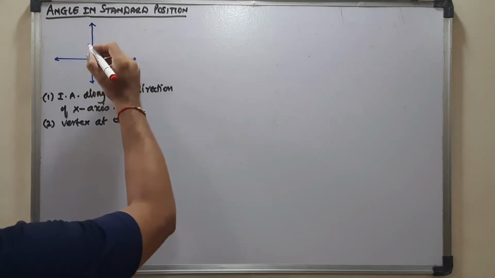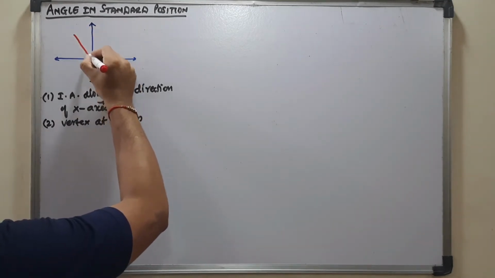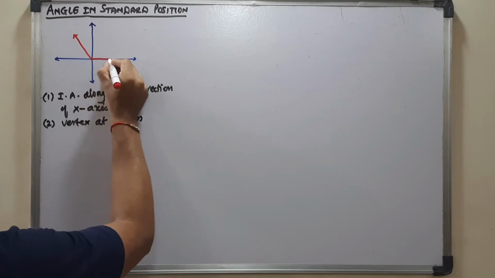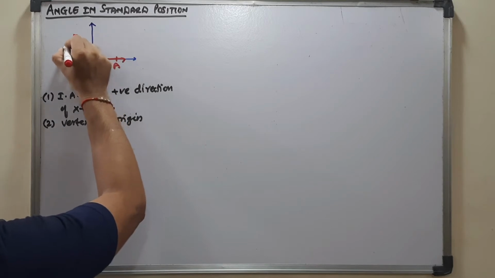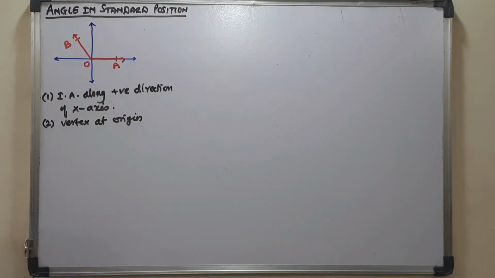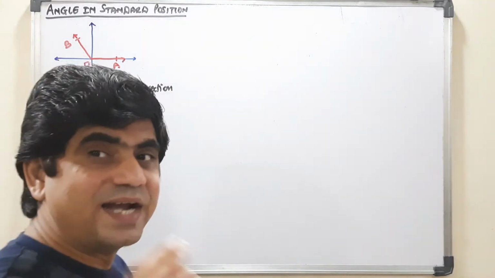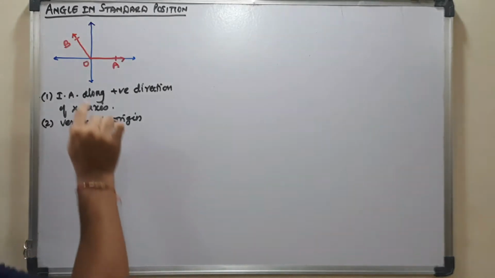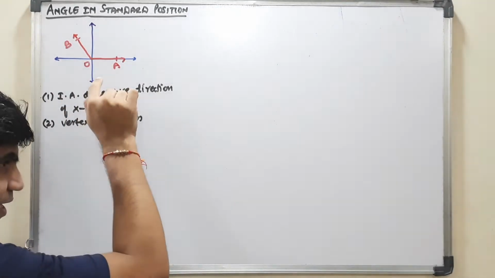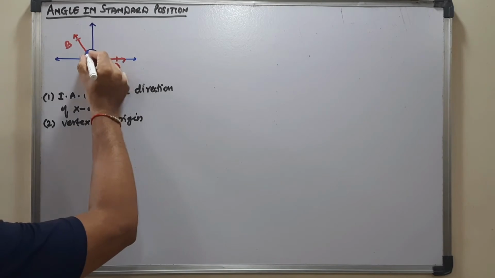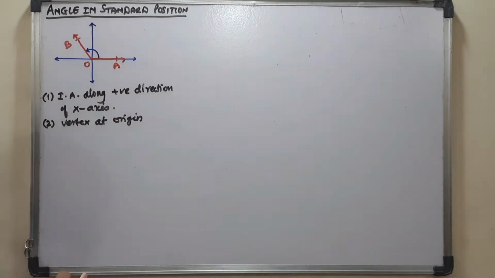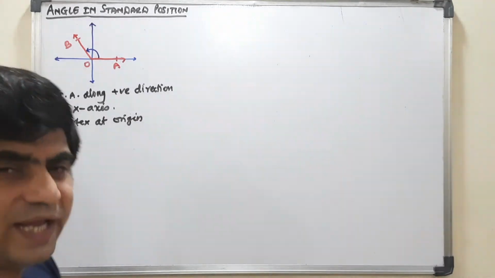That means, suppose I have this particular angle over here. Our directed angle AOB is called an angle in standard position because the vertex is at the origin, and this is my initial arm, which goes with this rotation, initial arm along the positive direction of the x-axis.